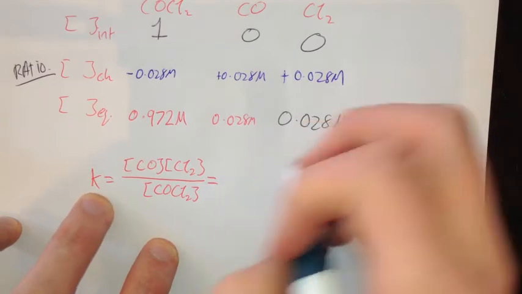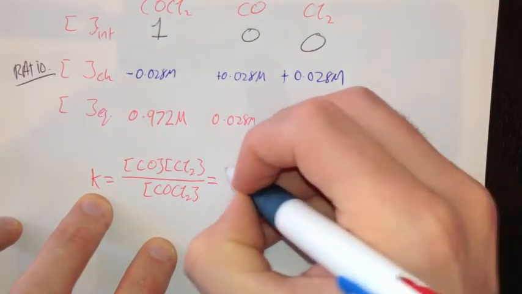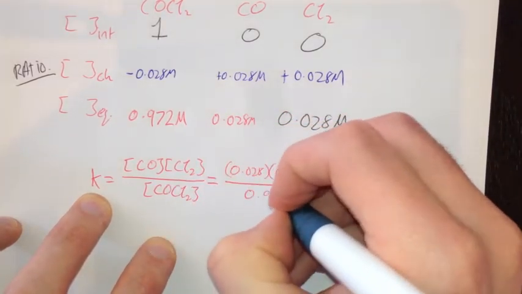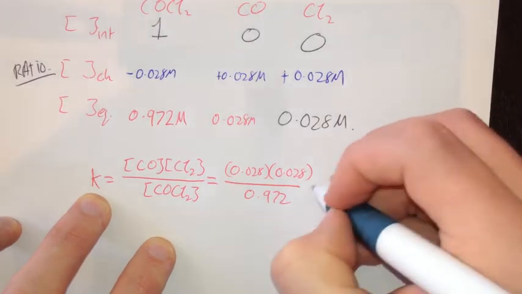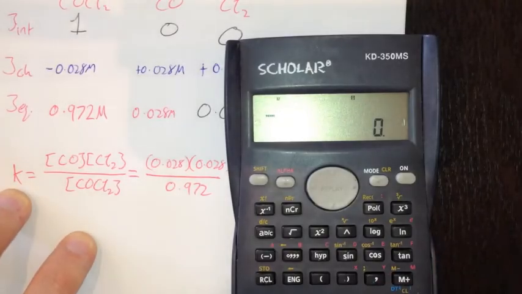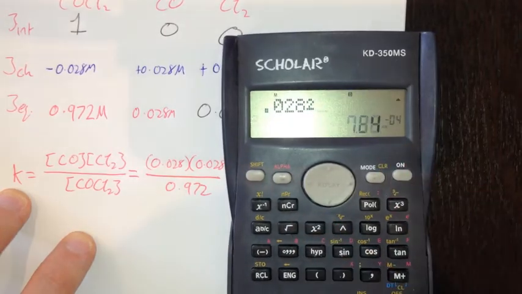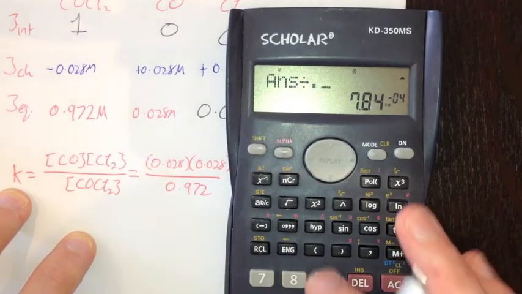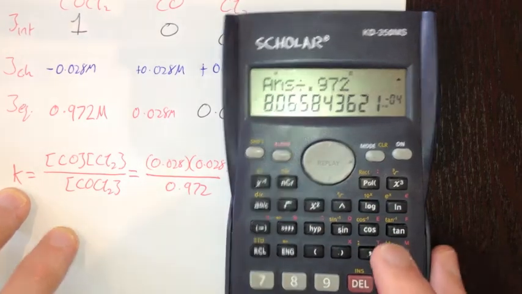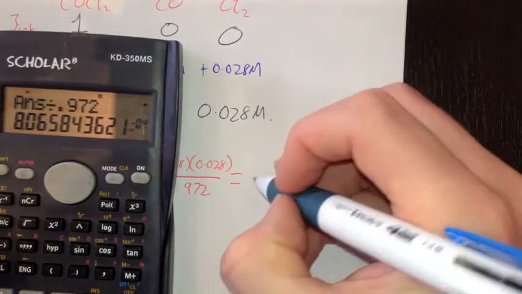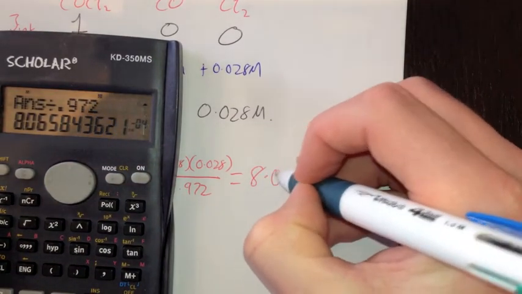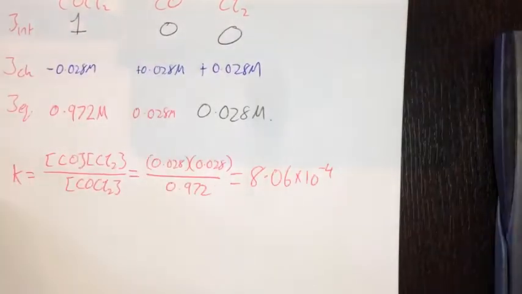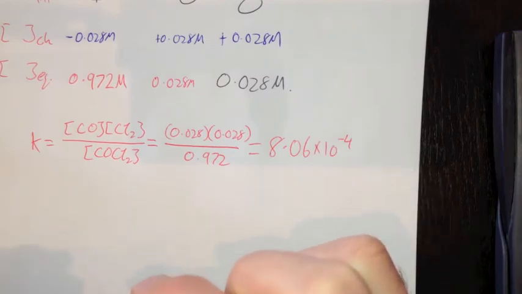This is equal to 0.028 times 0.028 divided by 0.972, which I put into my trusty calculator, 0.028 squared, because obviously times itself is squared, then divided by 0.972. Gives us an answer of 8.06 times 10 to the power of -4. And now I need to work out my units.